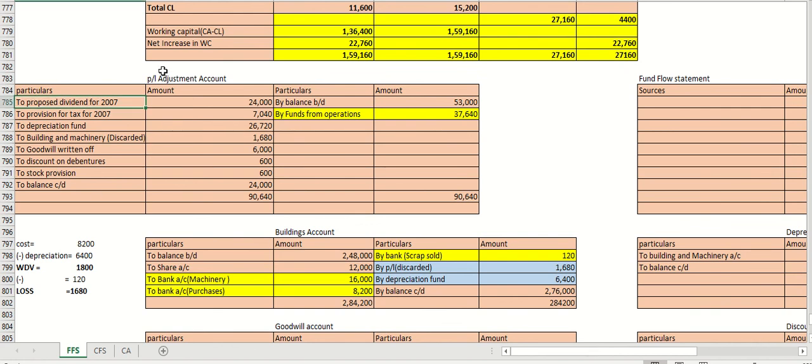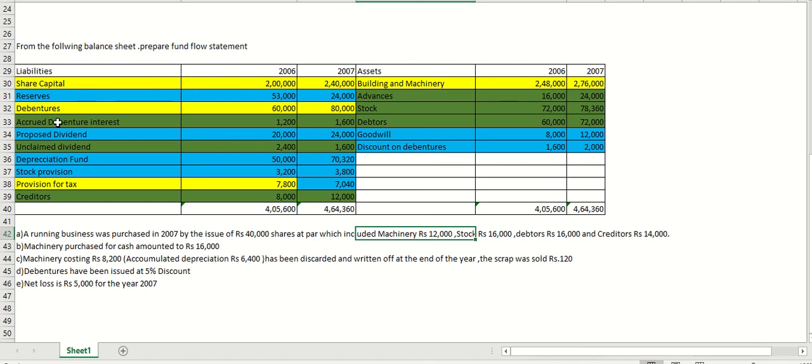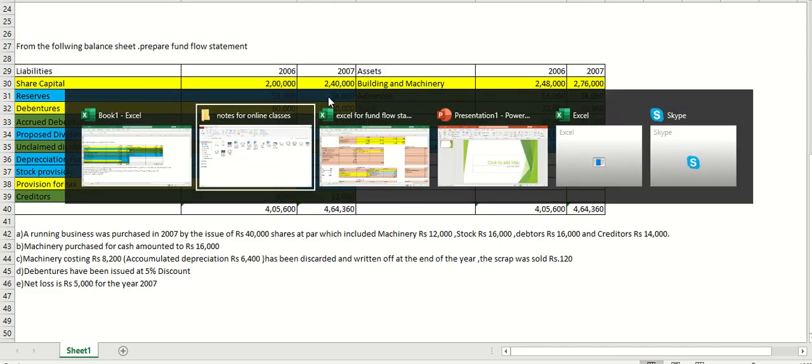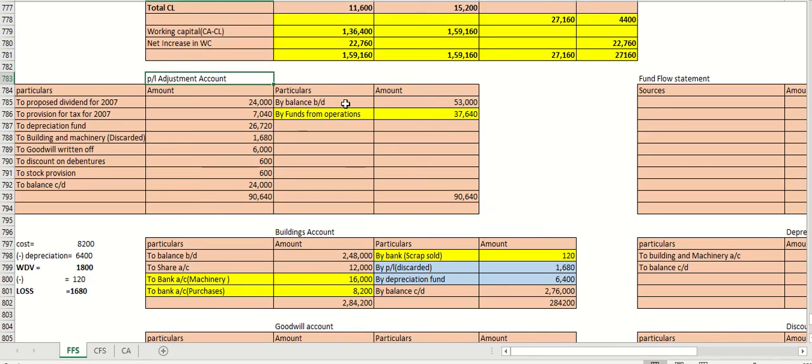So now coming up to your profit and loss adjustment account. We will move on to the question and see. So if you see the reserves 53,000, 24,000, which is opening and closing balance, by balance brought down 53,000, to balance carried down 24,000.